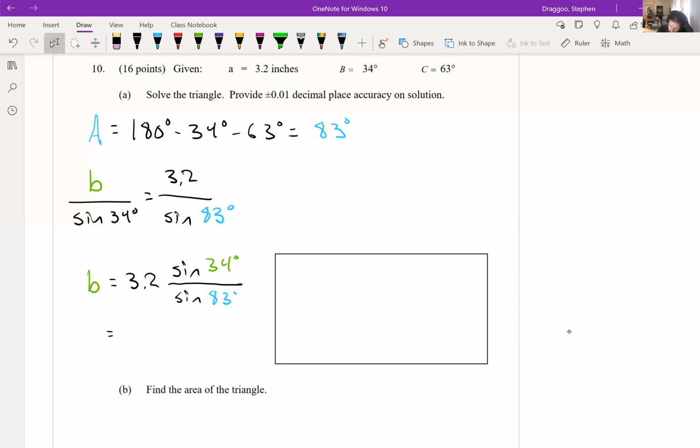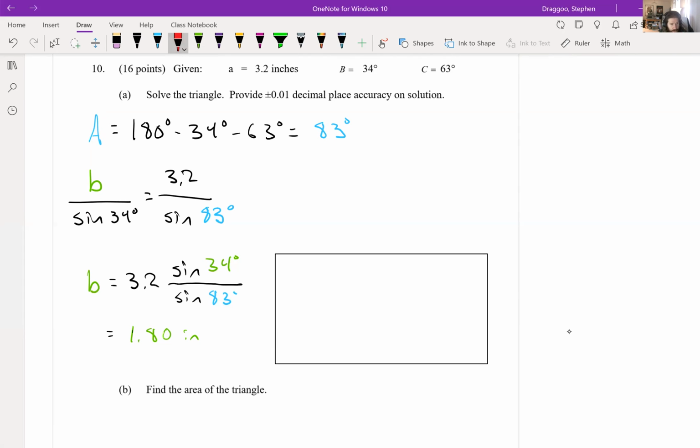I got 1.81. No, that's a lie. 1.80. I round correctly. That'll be in inches.